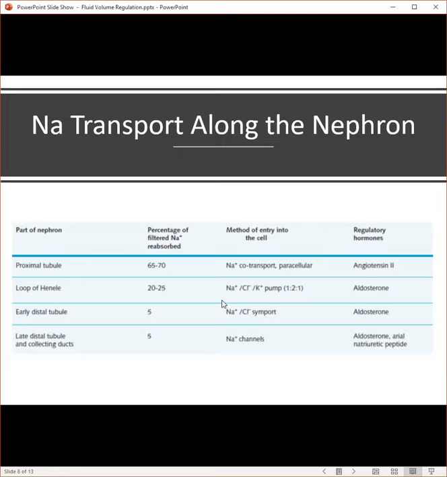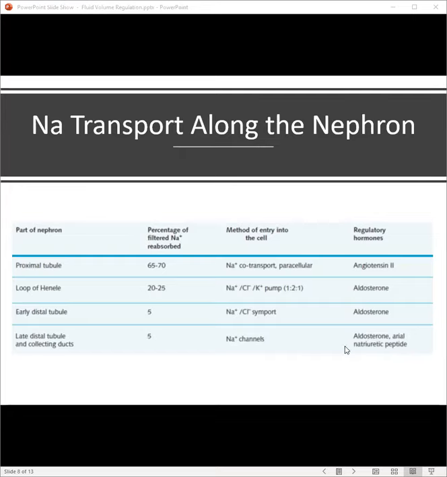For the loop of Henle, you have your sodium chloride potassium pump, and the regulatory hormone here is aldosterone. In your early distal tubule, you have your sodium chloride symport, and your hormone here is also aldosterone. And of course, you have your sodium channel in the late distal tubule and your collecting duct, which are used to concentrate urine.